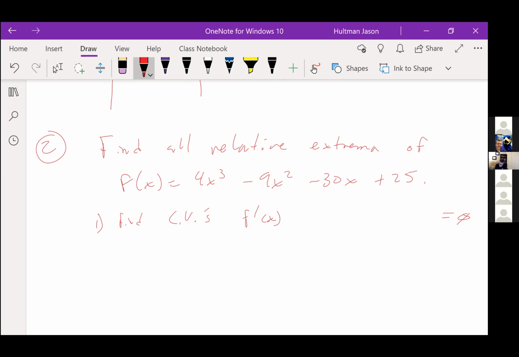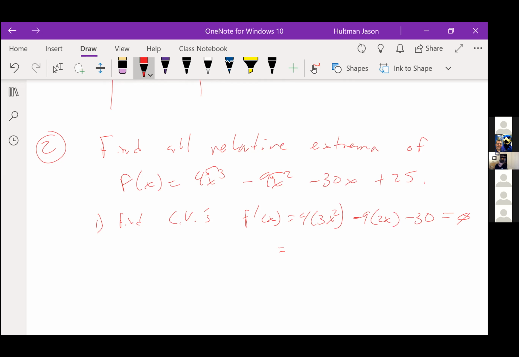So this is going to become, bring this 3 down, 4 times 3x squared minus 9 times 2x, bring this 2 in front, and take the derivative of that, minus 30 is equal to 0.